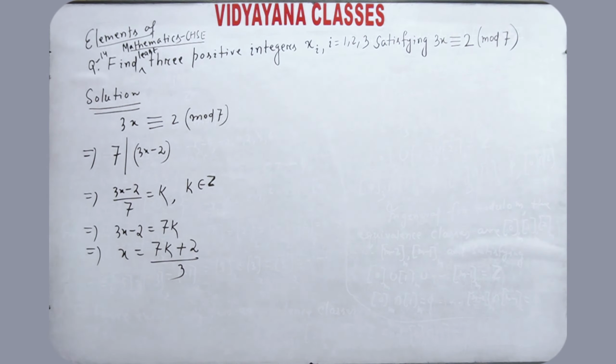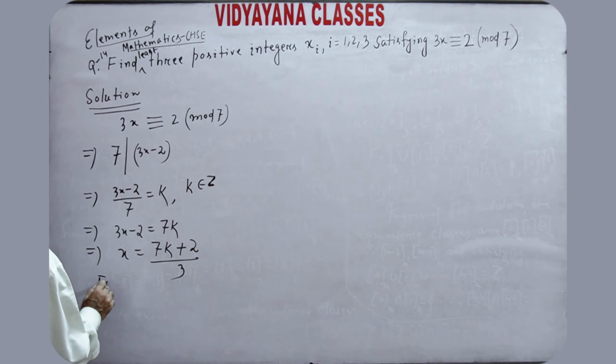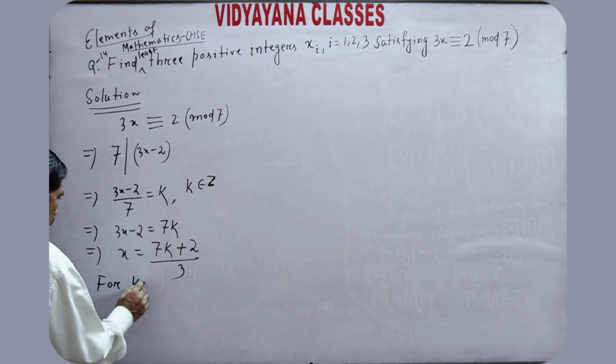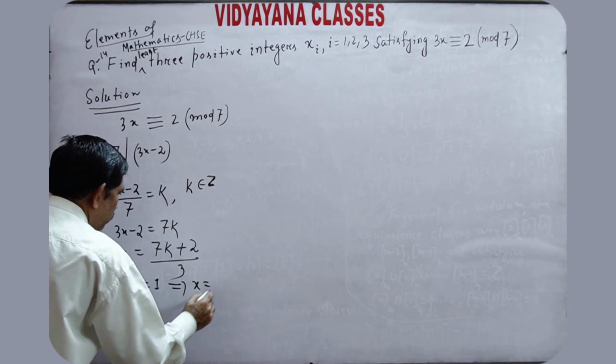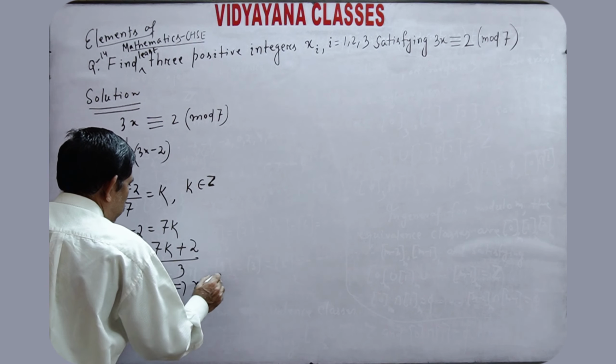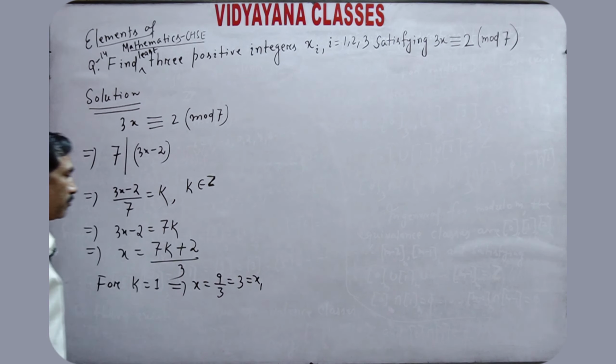Clear? Okay. For k is equal to 1 implies x is equal to 9 by 3, that is equal to 3, which is equal to x1.